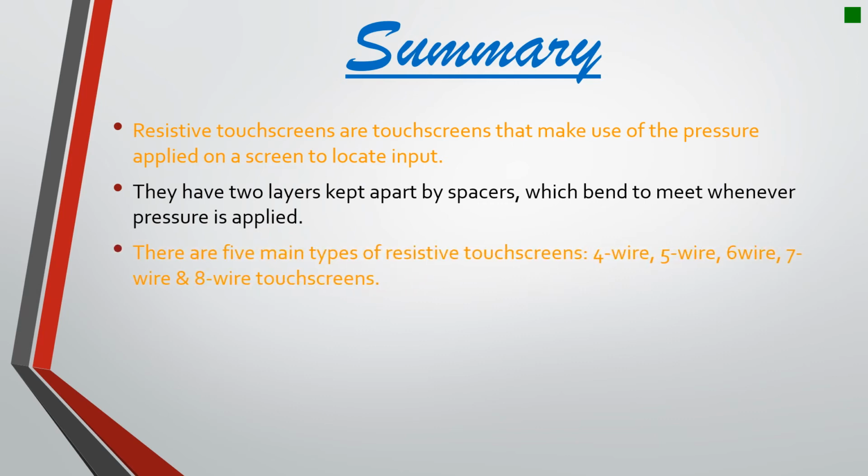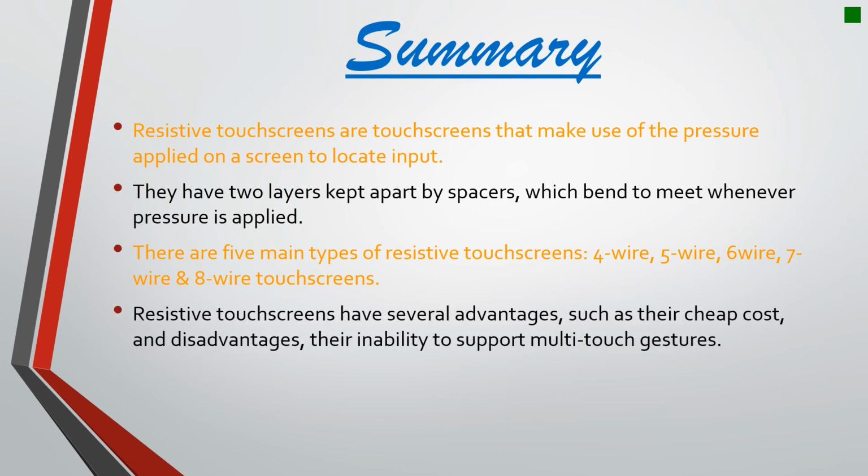There are 5 main types of resistive touchscreens: 4-wire, 5-wire, 6-wire, 7-wire, and 8-wire touchscreens. Resistive touchscreens have several advantages, such as their cheap cost, low power consumption, and their compatibility with inanimate objects, and disadvantages, such as their lack of durability, their inability to support multi-touch gestures, and the really bad visibility in direct sunlight.